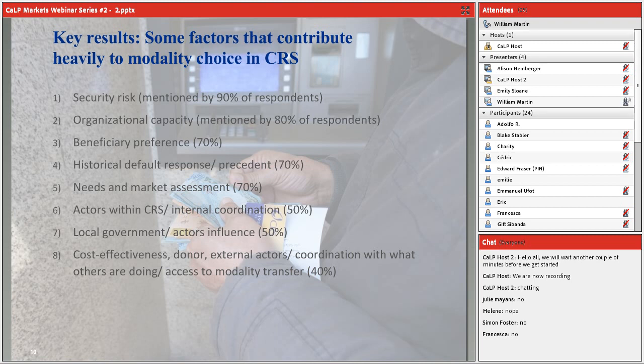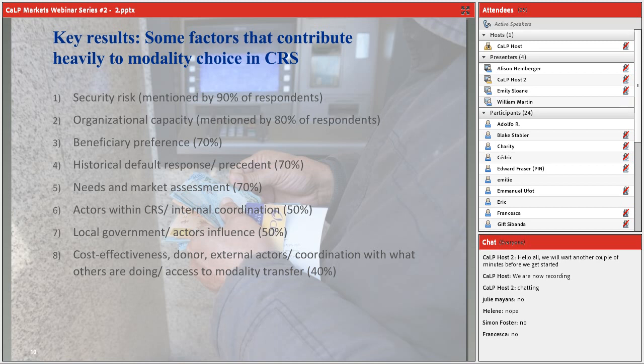What was mentioned a lot as well was organizational capacity, by 80% of our respondents. They mentioned the importance of having a team knowledgeable in market-based intervention. It's interesting because in the country programs where staff retention was highest, that's where they tended to implement programs that were considered successful by internal staff and donors alike.